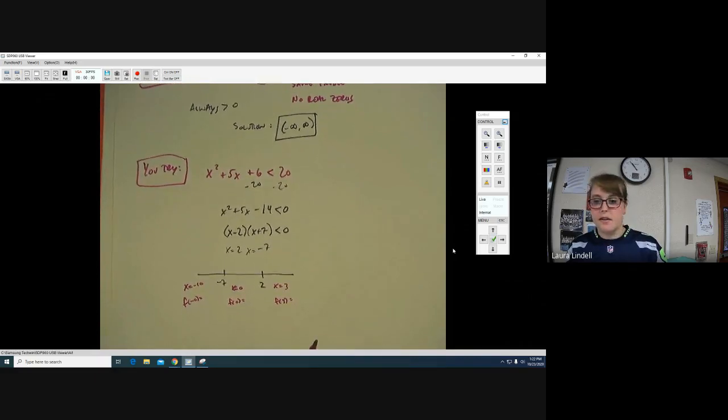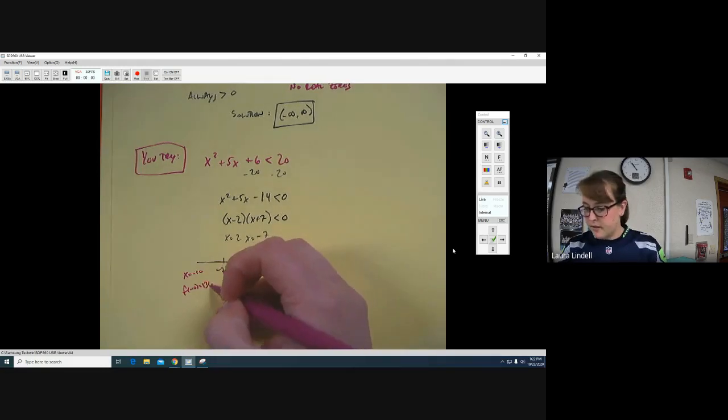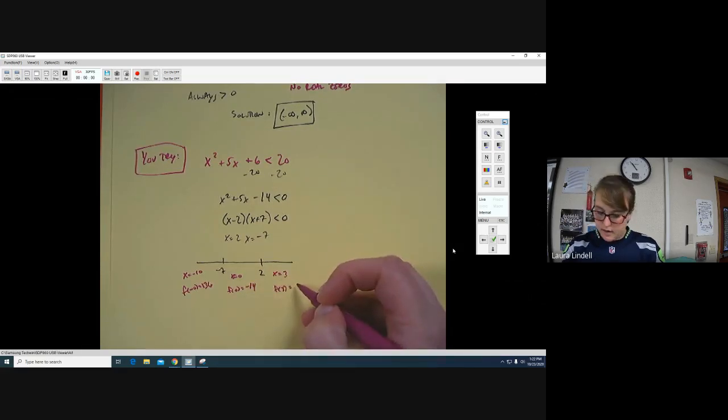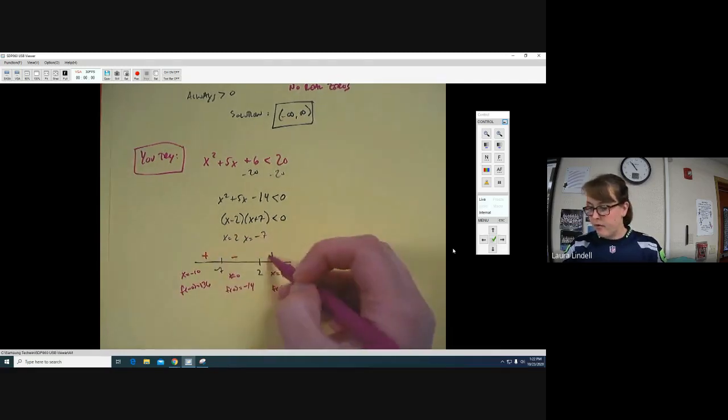Let's find out why. So when I plug in -10 here, or you could plug in anything that's less than -7, I got 136. When I plug in 0, we got -14. And we plug in 3, and you get 10. So we have positive, negative, positive.